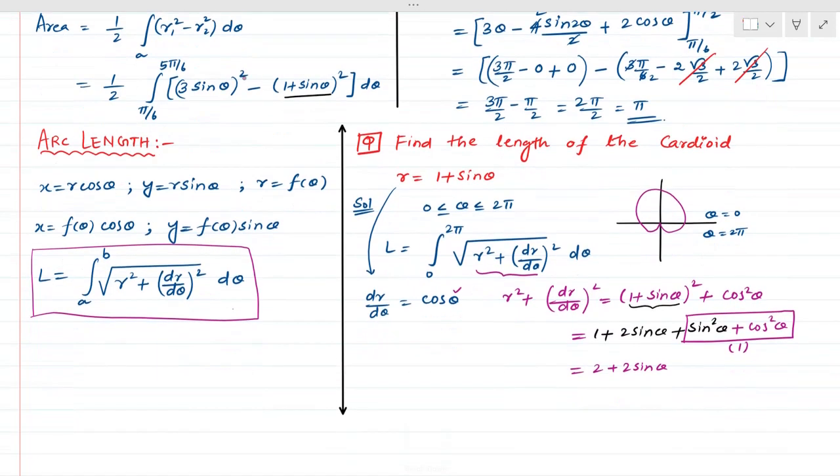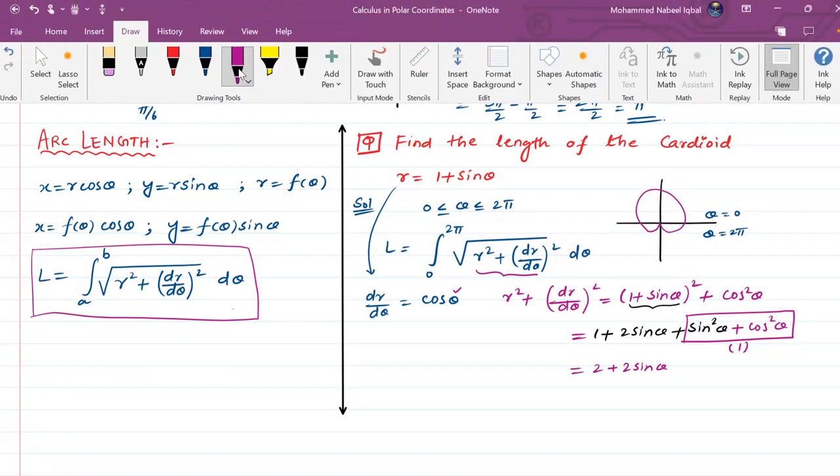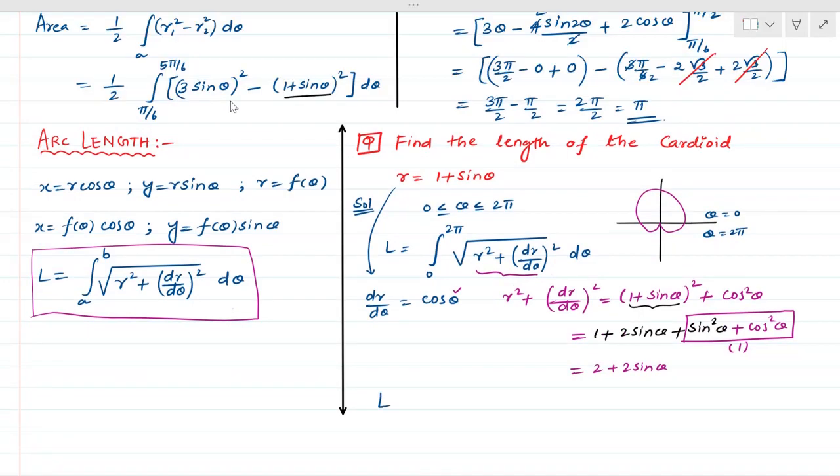This is the simplified part of the integration. Now I will use the same thing in the length. Length is equal to the integral from 0 to 2 pi of the square root of what we have calculated, which is 2 plus 2 sine theta, d theta.